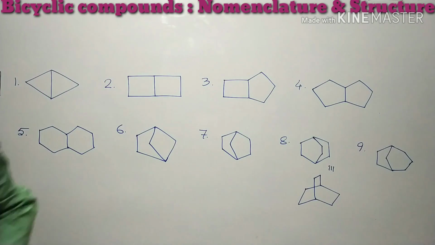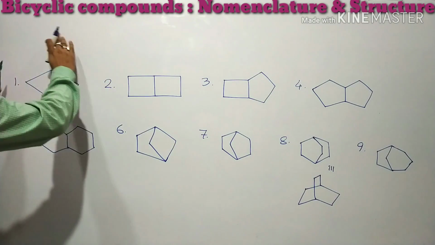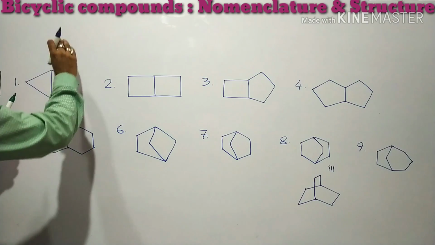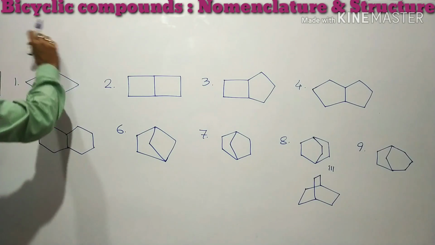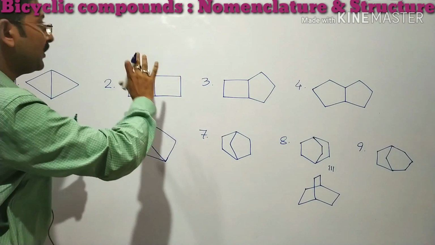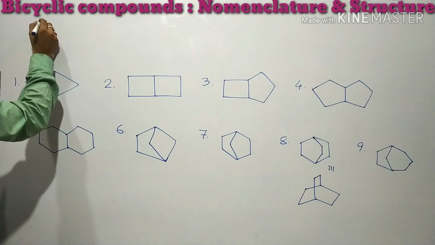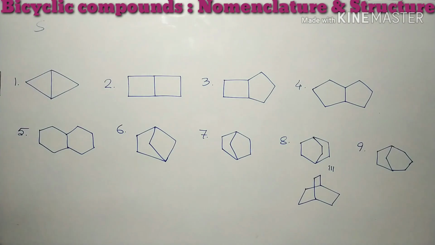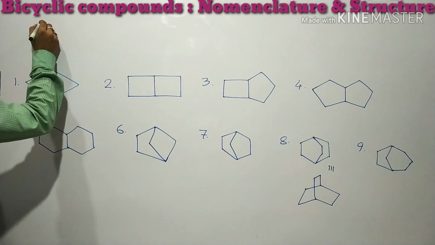Now what is the rule for the IUPAC nomenclature of these compounds? First of all, let us know what is the rule for the nomenclature of these compounds. The rule is the substituents first. First of all, you have to write the substituents.